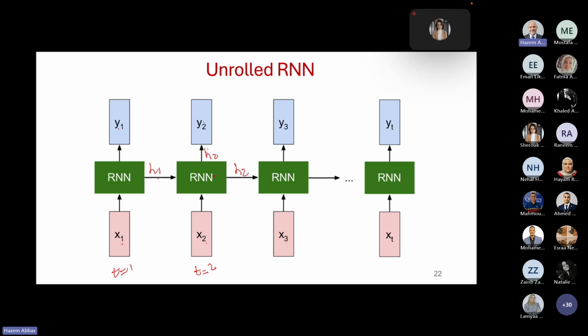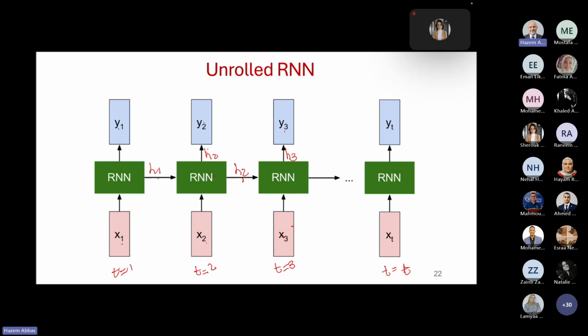It will also be used for time step 3, when we input the third input. It will use the input x3 and the previous hidden state h2 to produce h3 and y3, and so on up to time t.